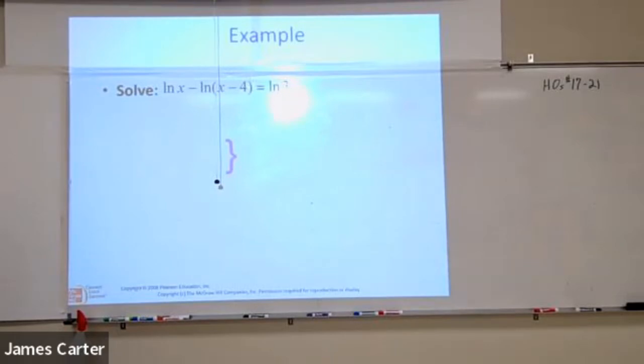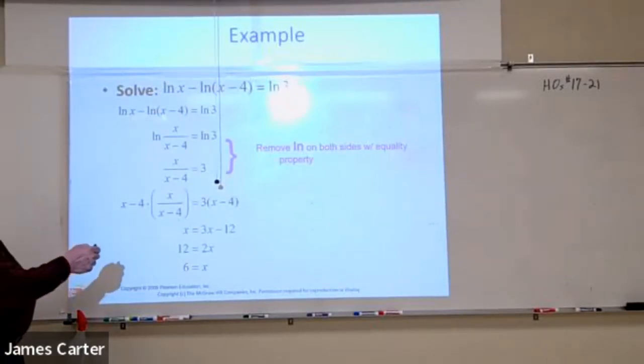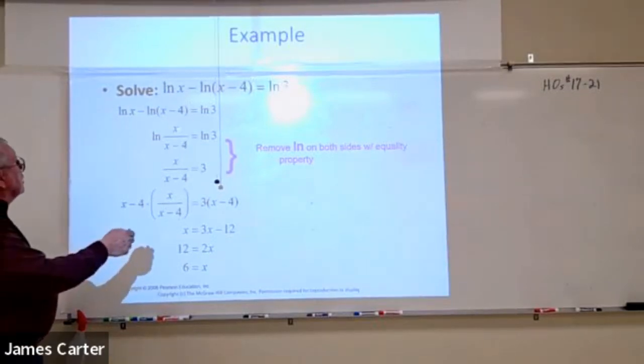What about this thing? Right now, I can't take the log away from both sides, can I? Okay. I can contract this side. And when I contract it, here's the x on top, here's the x minus 4 on bottom.